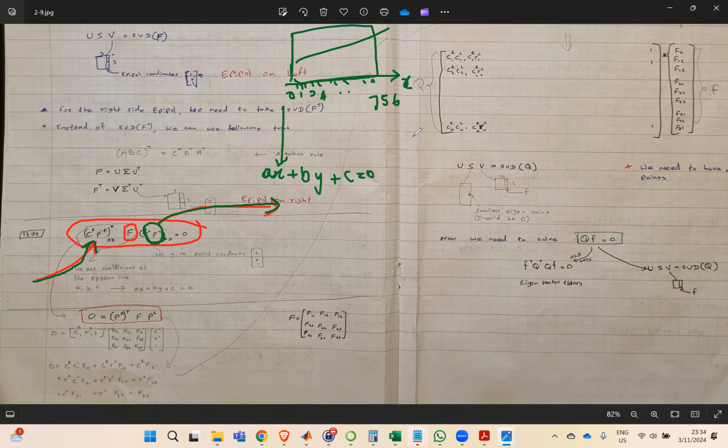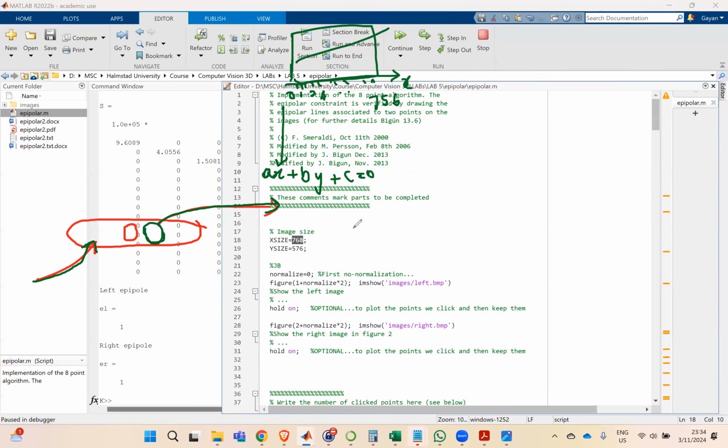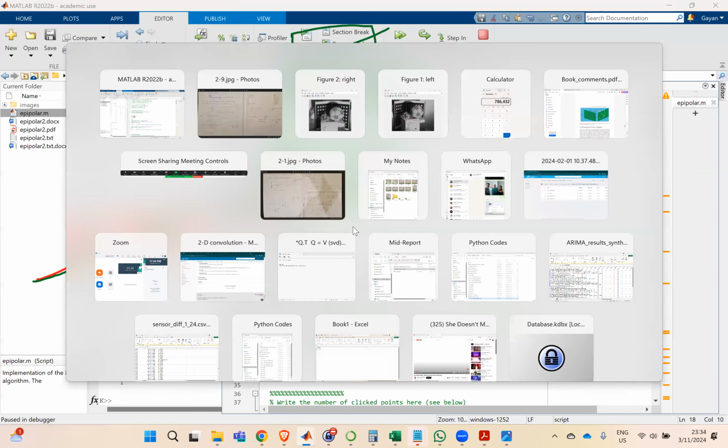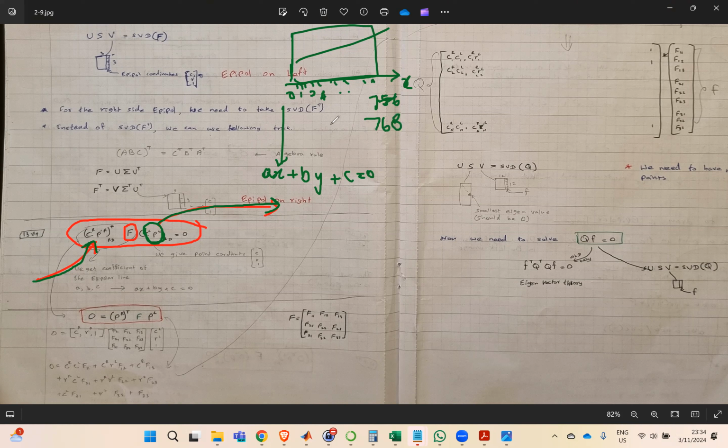Yeah, 16. 768. 768 values from 0 to 768. So what I'm doing, 0 to 768 values, and that is your X. All values ranging from here, that is your X.